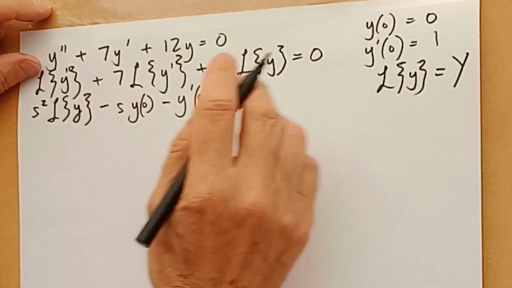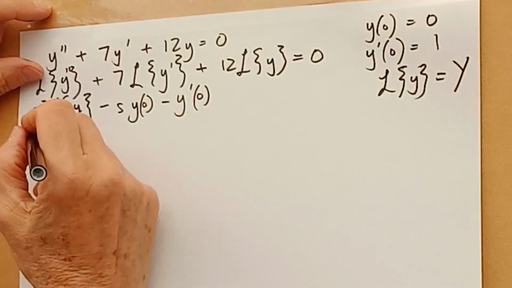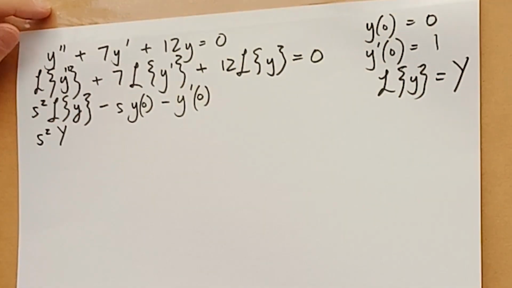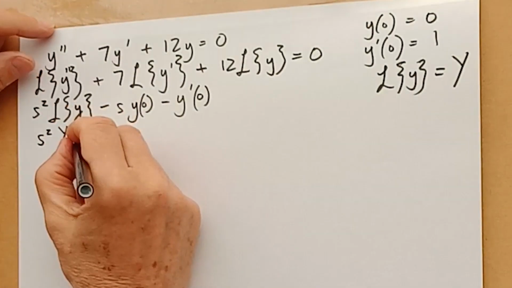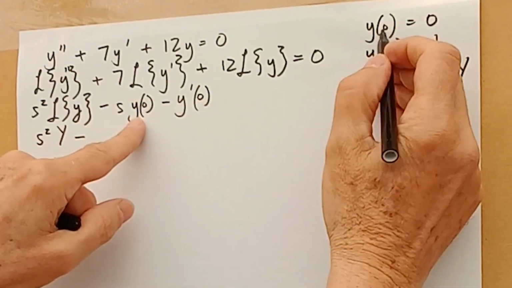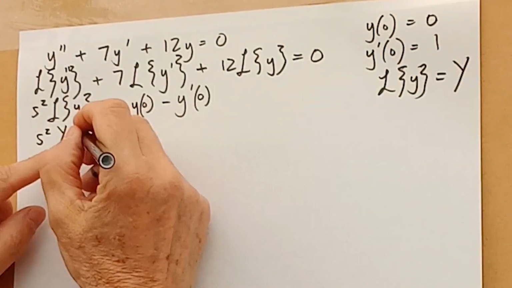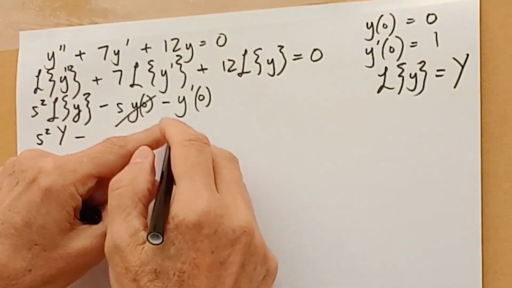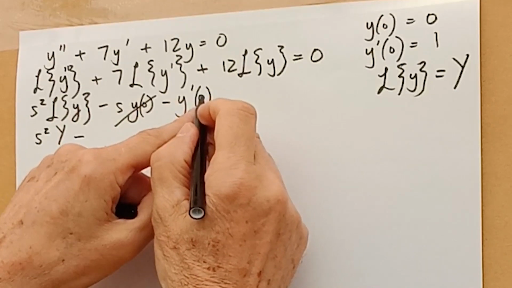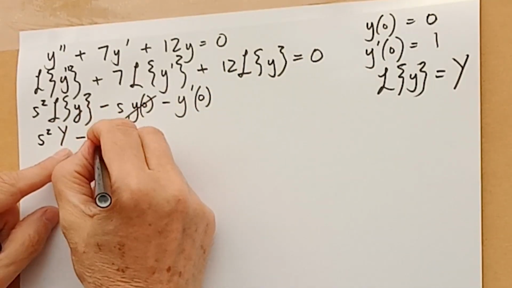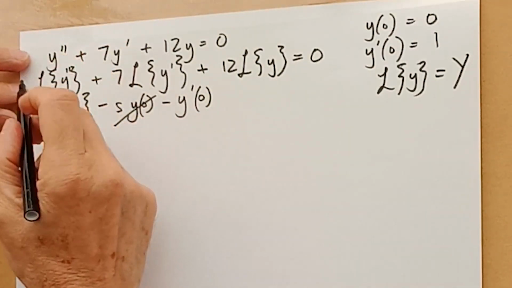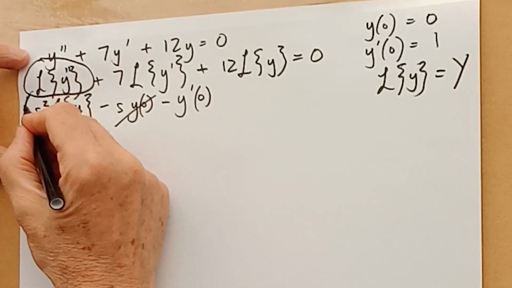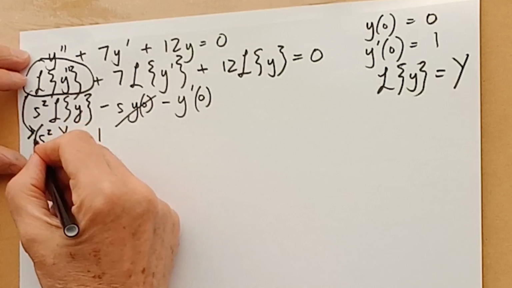So s squared times the Laplace of y is s squared Y. Take away s times y(0), which is 0, so that can disappear. Take away y prime (0), which is 1. Take away 1. So all that becomes that.